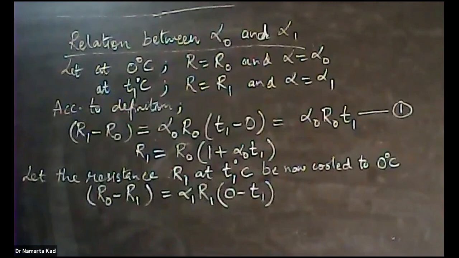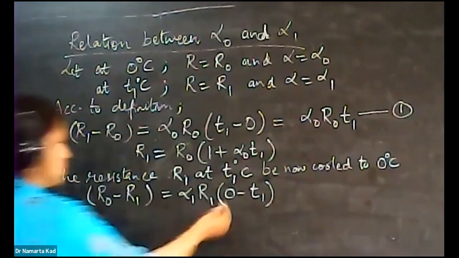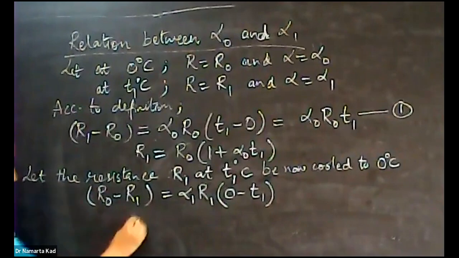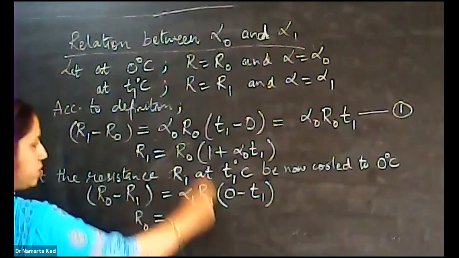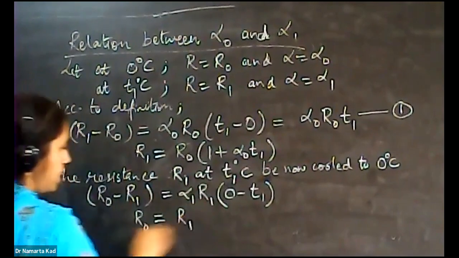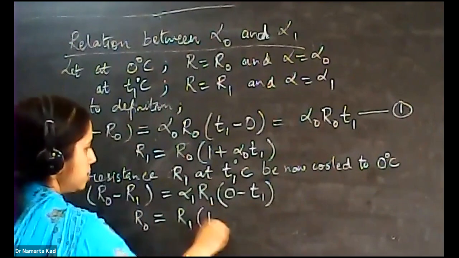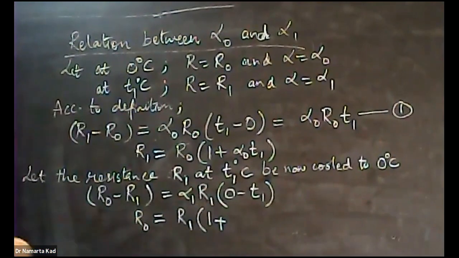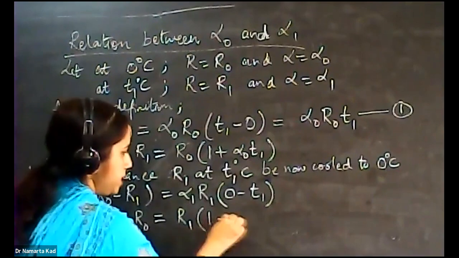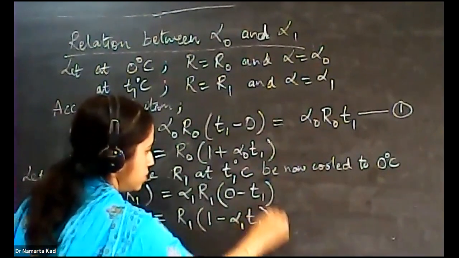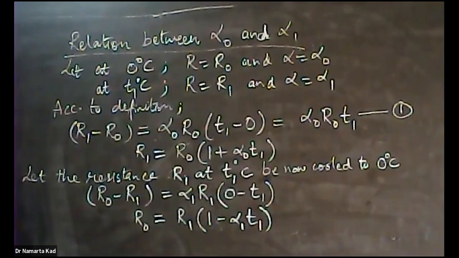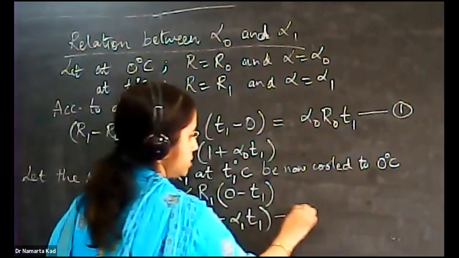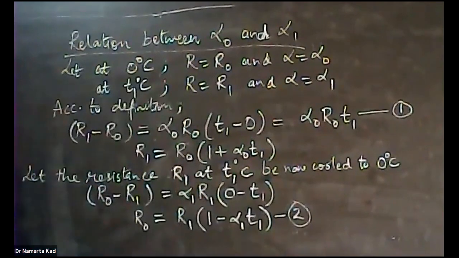Okay, so this can be written as R0 is equal to, when you take this R1 on the other side, R1 into (1 minus alpha 1 into T1). Just mark this as equation number 2.